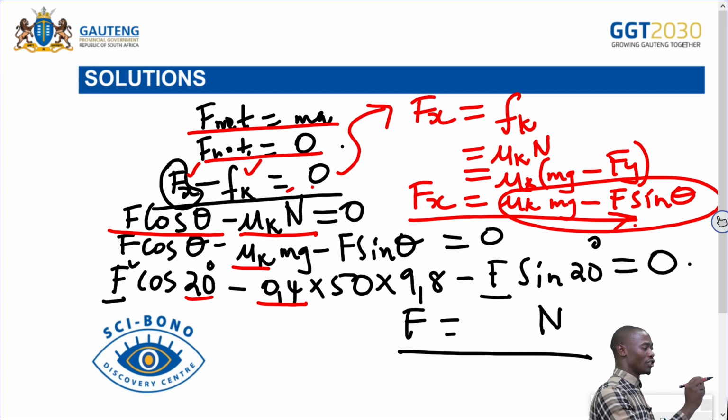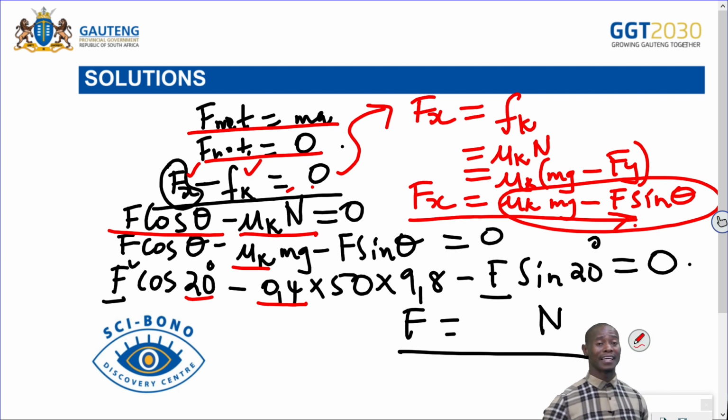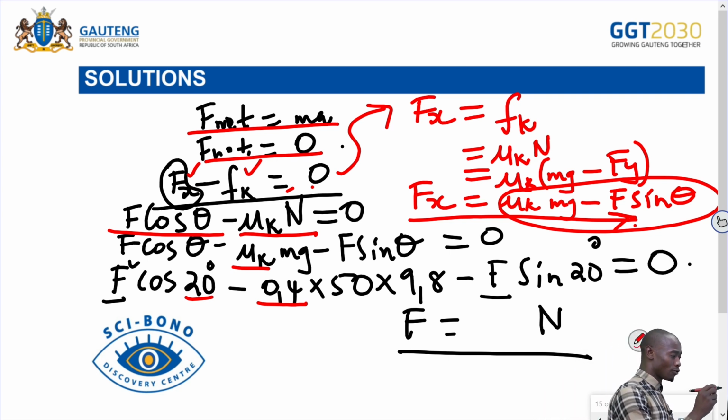Where is this mg minus F sine theta coming from? Remember, your normal force in this case is weight minus Fy. This is how we have to calculate it: weight minus Fy, which is F sine theta. But remember, your maths also must be correct.